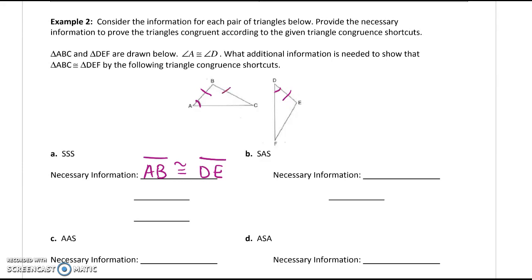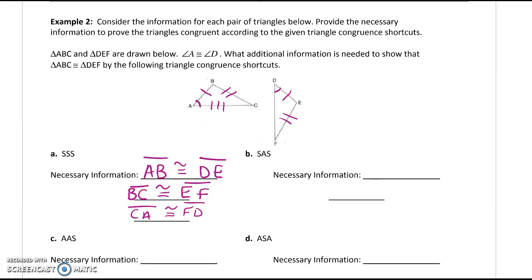Okay. Our next side would have to be BC is congruent to segment EF. And our last side is segment CA is congruent to segment FD. Okay.